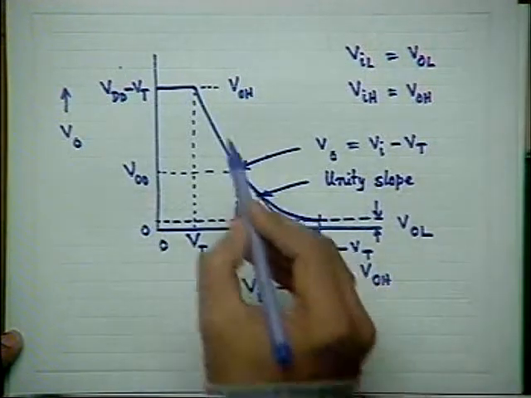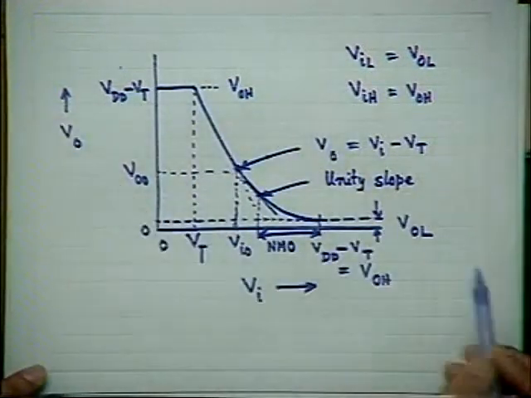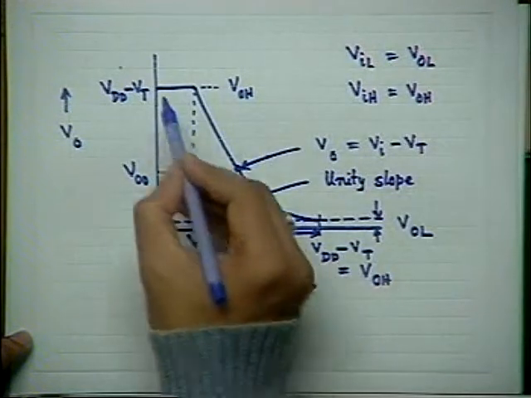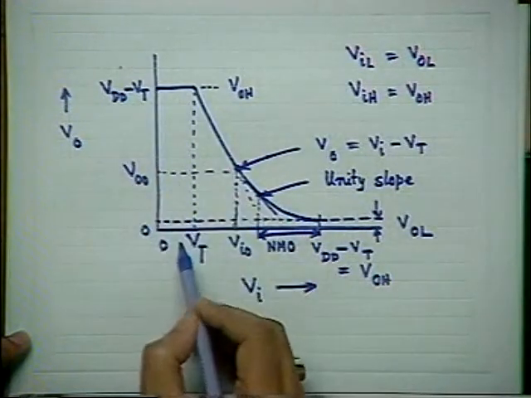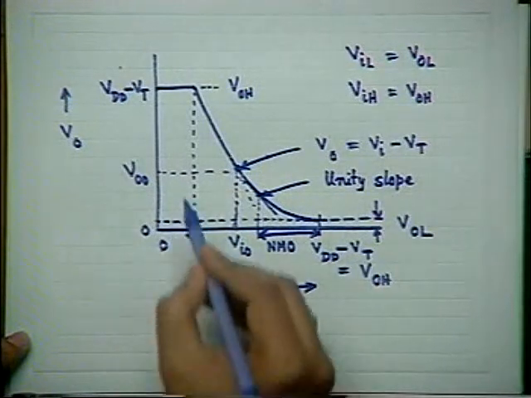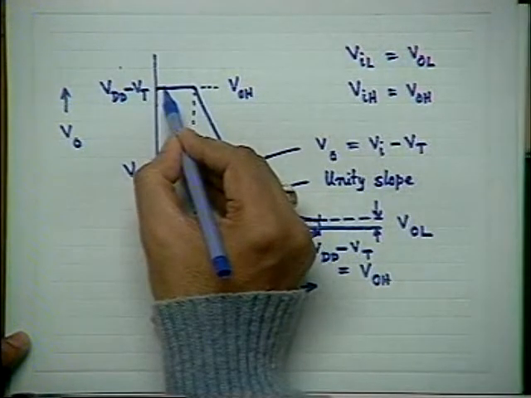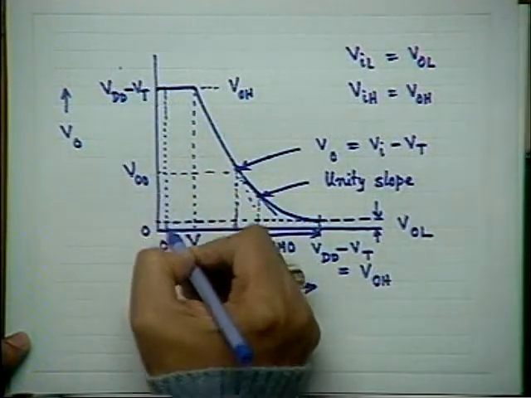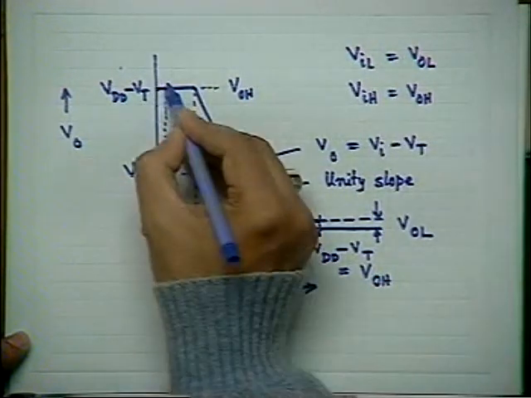And if you come to the other side, what is the value of the noise margin? It will start from this same point. This is your VIH.